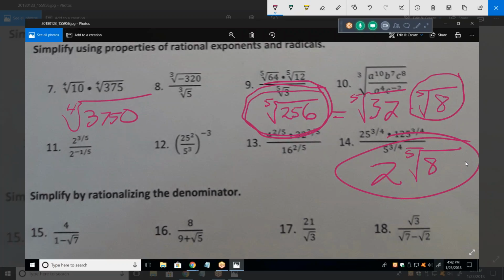Does that thing divide evenly by 16? 3750? Doubt it. No. Okay. Let's think of other perfect fourth numbers. No, let's see. 3 to the fourth is 81. Does that thing divide by 81?